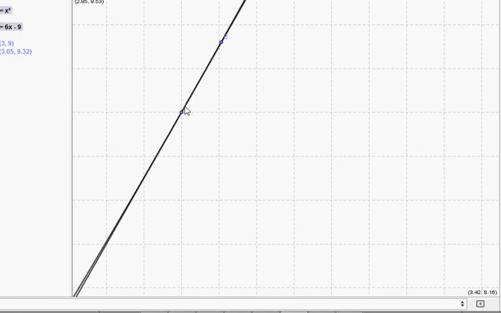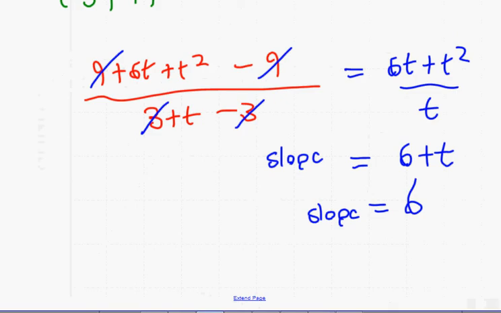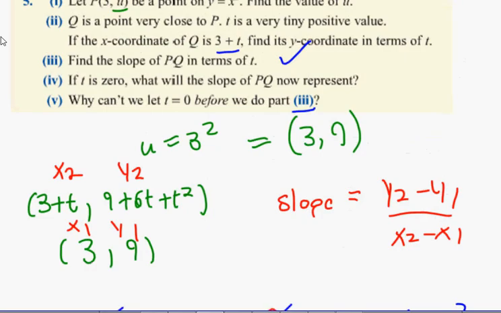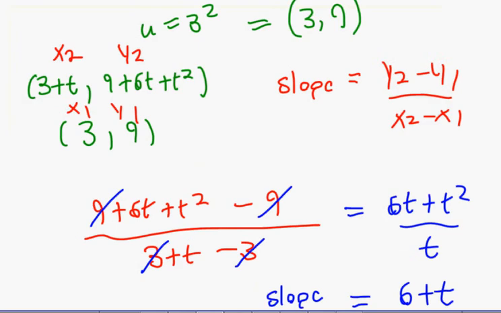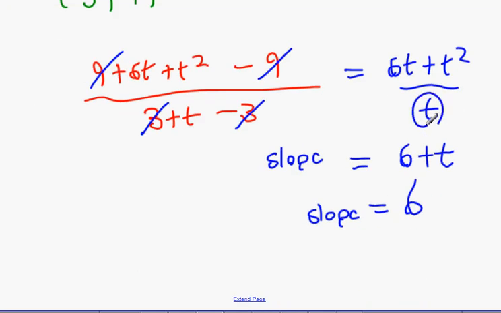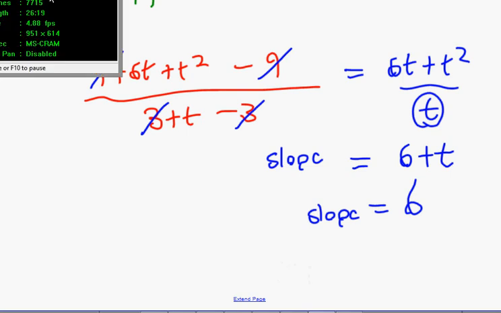Or if I made a point that's really, really close to A, what would happen then? It'd be even closer to the value of the tangent. So look at this. Slope is 6. Now why can't we let t equal 0 before what we do in part 3? The problem is, what happens if you have t equals 0 on the bottom? It's undefined.